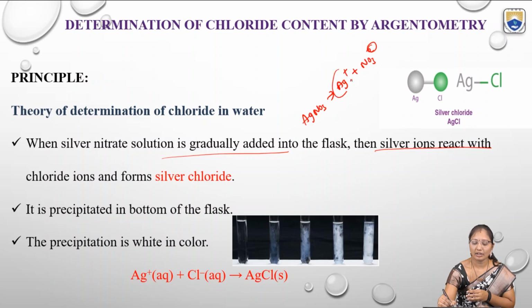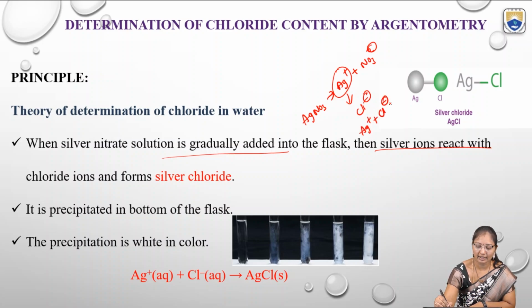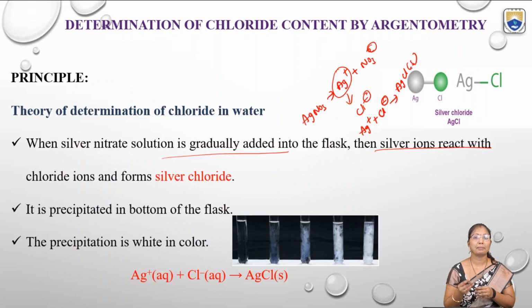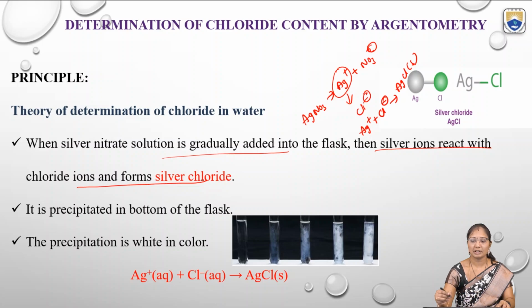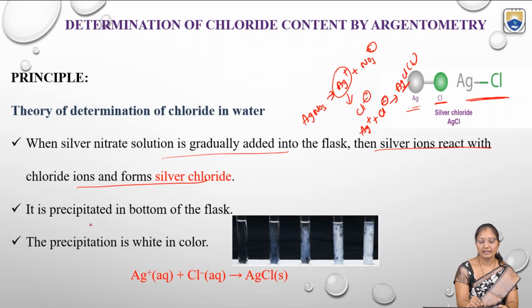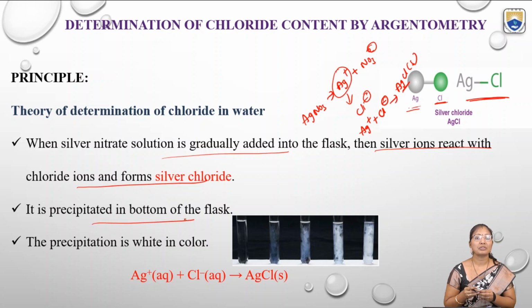These Ag+ ions react with Cl- ions in the water, giving AgCl, which is a solid, a precipitate. The silver ions and chloride ions form AgCl, a white precipitate, which settles at the bottom of the flask.